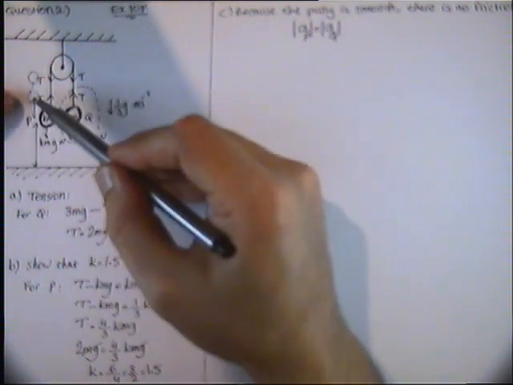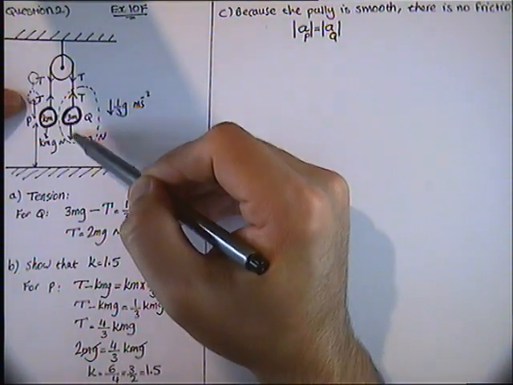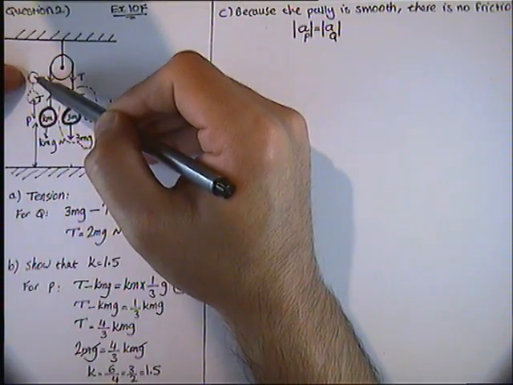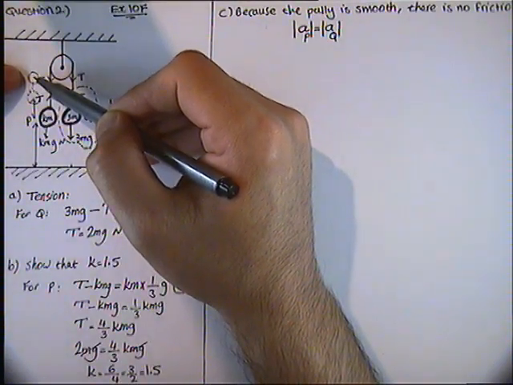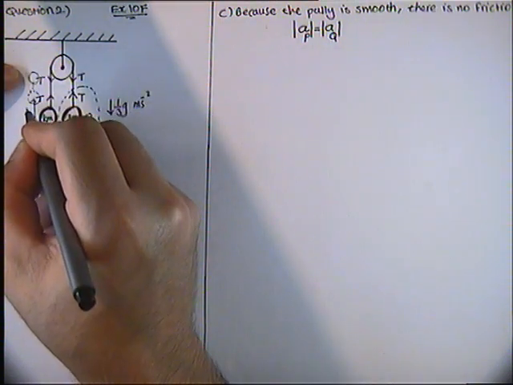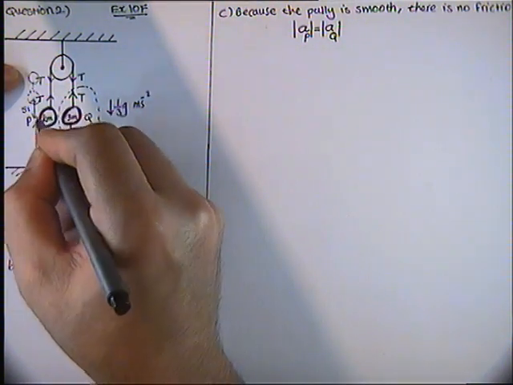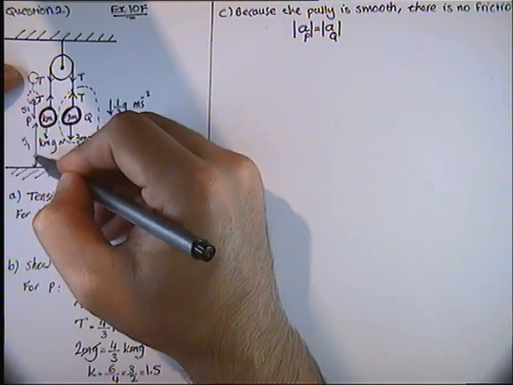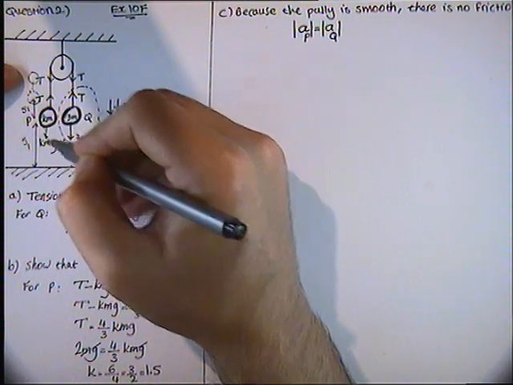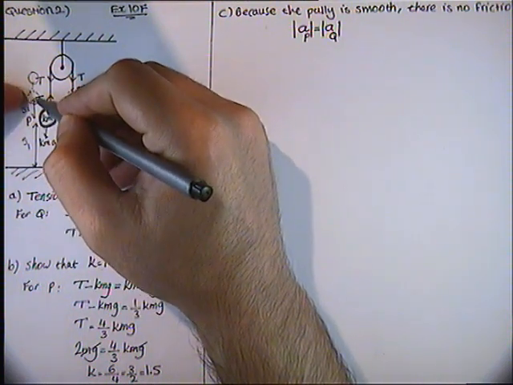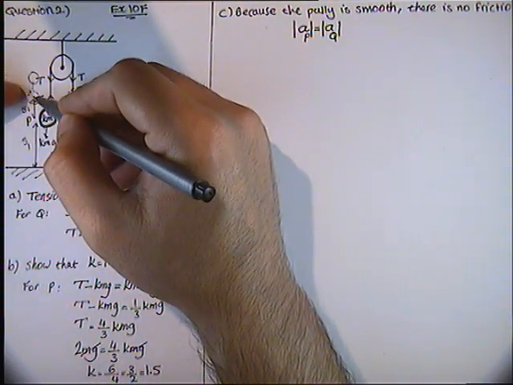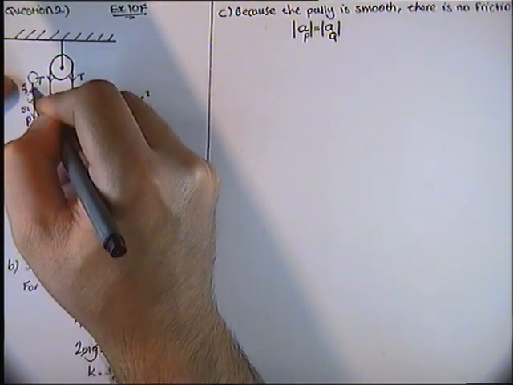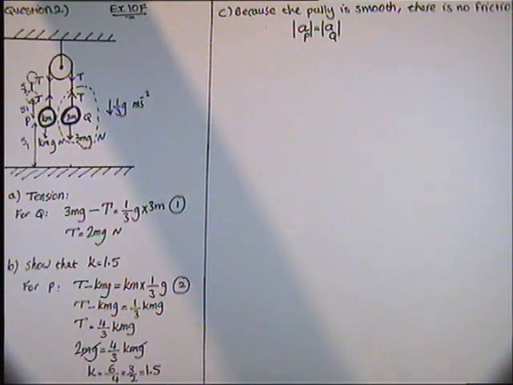So this is the point when Q hits the ground, and after this P will continue moving up to this point. I call this one S1, since as much as Q moves, P will move the same distance as well. And after that it will move another distance, let's call it S2, this distance.